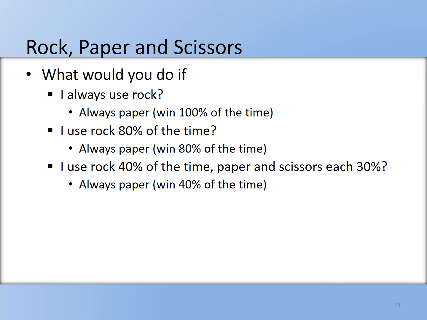Since you cannot predict what I'm going to do in a particular round, if you use anything other than paper, sometimes you win, sometimes you lose, sometimes you draw. But if you always use paper, you're guaranteed to win 40% of the time, which is better than pure luck.